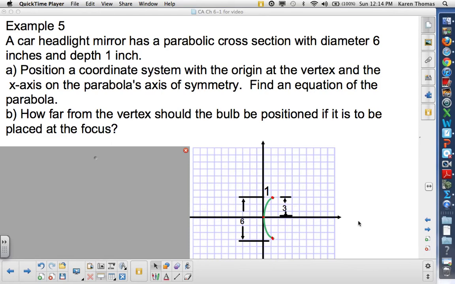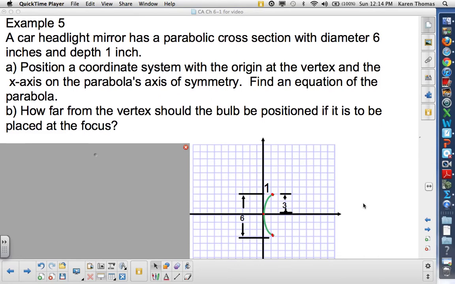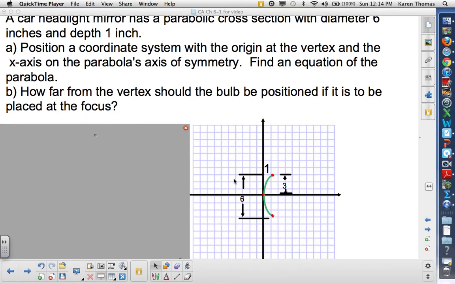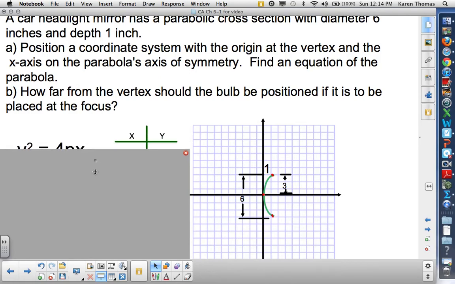It wants to know how far from the vertex the bulb should be positioned if it is to be placed at the focus. That tells us we need to find the focus, or find p. Well, I need to write the equation of this parabola. This was a parabola that opens sideways, so it's in the form of y squared equals 4px.